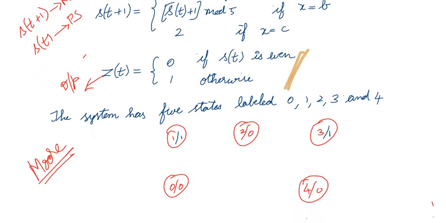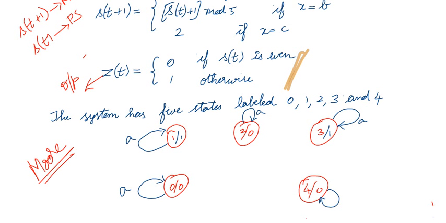We are in the state 0. When I give the input A, we go to the same state 0. Similarly, we are in the state 1. When the input is A, we go to the same state. We are in the state 2. When the input is A, we go to the same state. We are in the state 3. When the input is A, we go to the same state. We are in the state 4.